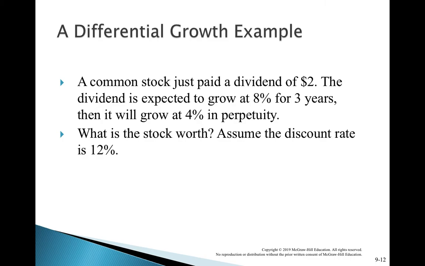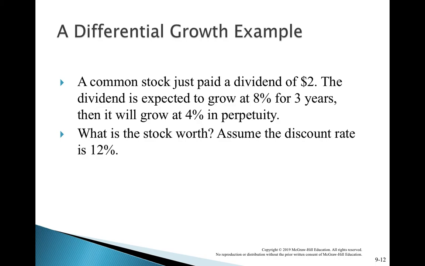The dividend is expected to grow at 8% for 3 years. As I was telling you, 3 year, 5 year, 7 year, the first growth rate number of years will be given to you. First growth rate here is 8% and it will continue for 3 years. Then it will grow at 4% in perpetuity, means forever. So you got G1 8%, G2 4%.